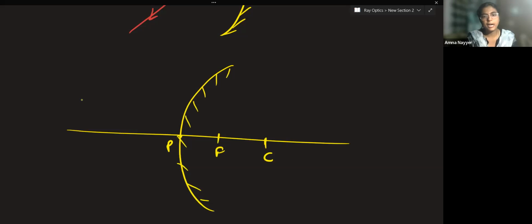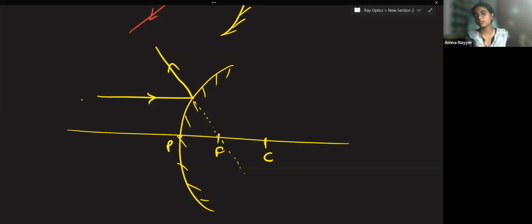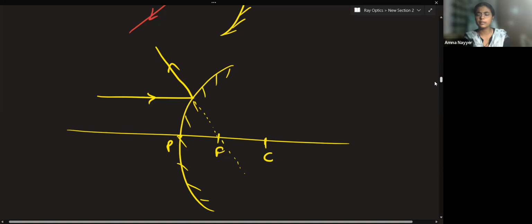So if a parallel ray is coming, it will reflect as if passing through the focus. Sorry. This is for convex, because you have virtual images in the case of convex. We'll draw the ray diagram also, but this is the manner in which you can draw it.